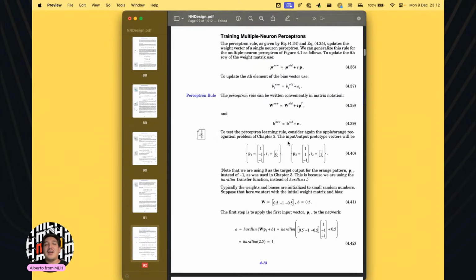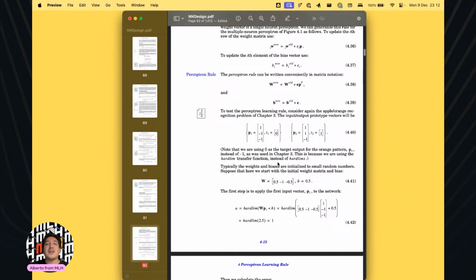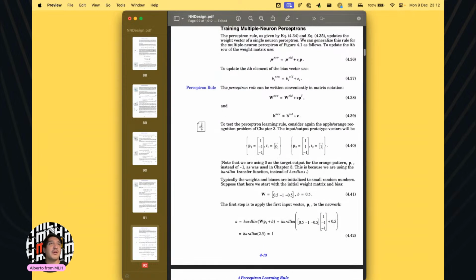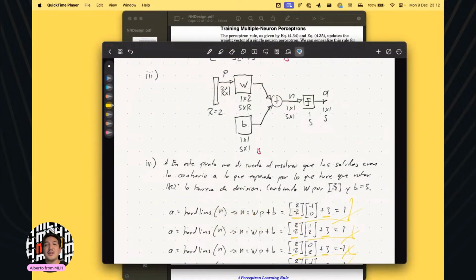I want to make a clarification there. The weight matrix, if we remember this, in this case is just one neuron. But if we make two neurons, for example, 2 times 2, this whole weight matrix is going to be the same in this representation.